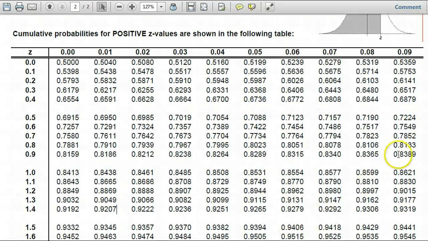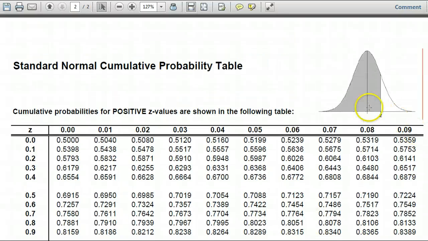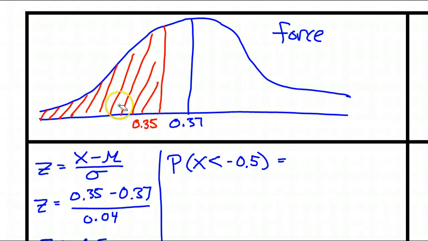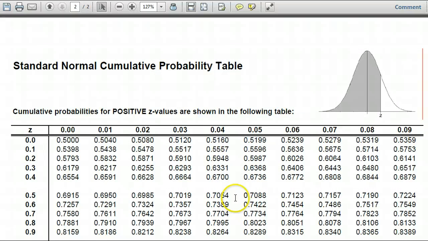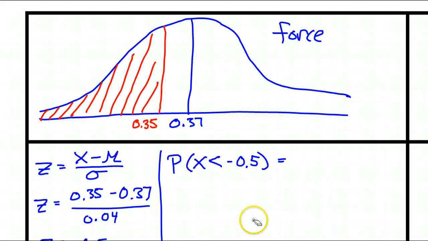The values on the z-score table are always values that are less than the z value, always to the left. So if I want the left, then I can use the values. If I ever needed the values to the right, then I would need to do 1 minus these. But anyway, I can just use them.